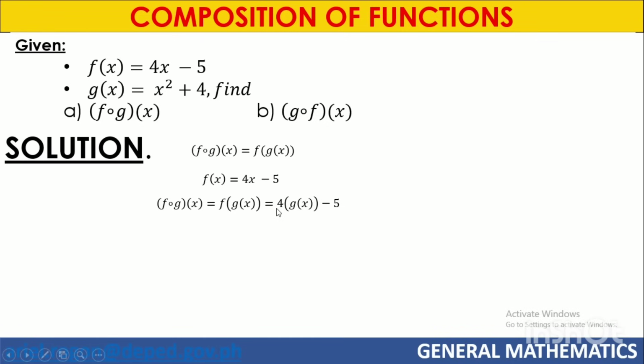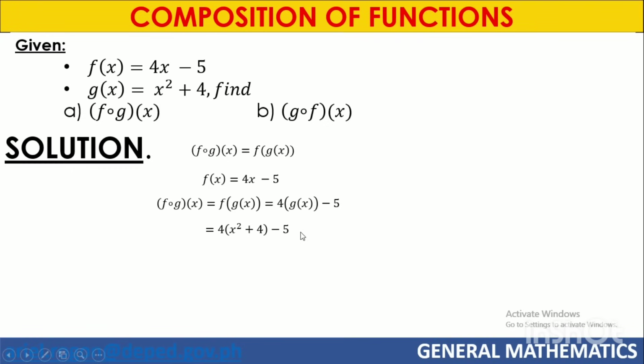So that will be 4 times x squared plus 4 minus 5. Saan galing ulit yung x squared plus 4? Yan yung value ng g of x. Kailangan natin palitan yung x dito sa f of x ng g of x. At yung g of x natin is x squared plus 4.